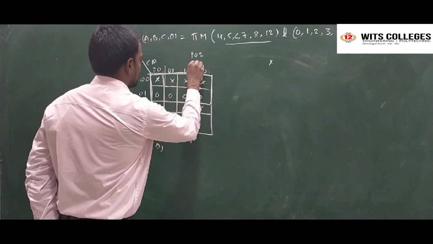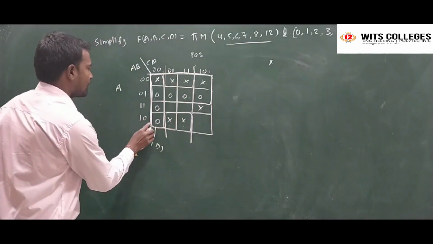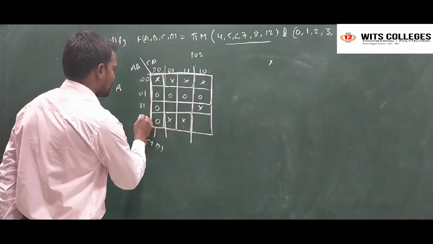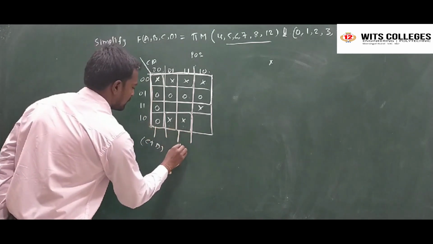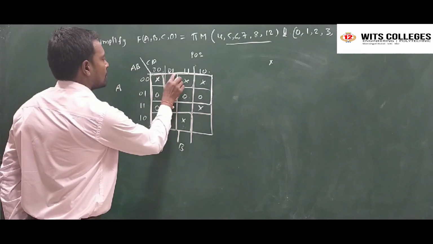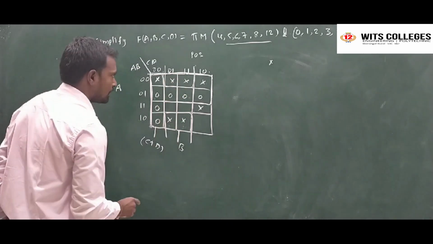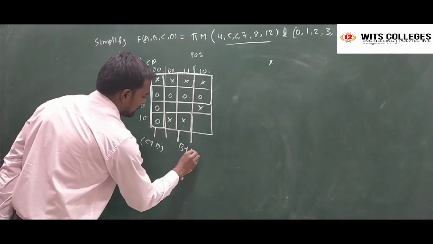these two variables are mapped together, and on this side 1000, so 0 is common here, that is equal to b. And coming to 011, here d plus d bar.